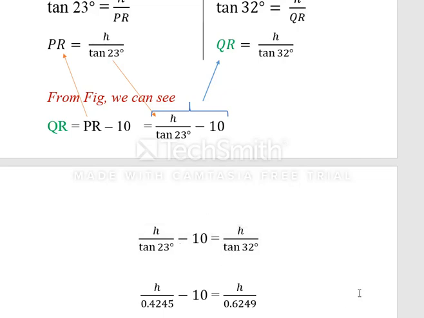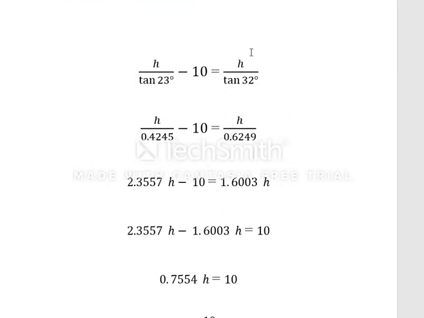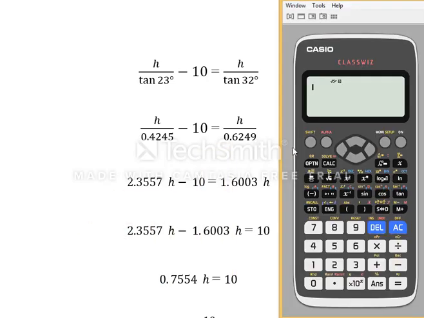Again, let me tell you, this is an important step. After plugging in the values, we got this equation. Now using the calculator, we found the value of tangent 23.